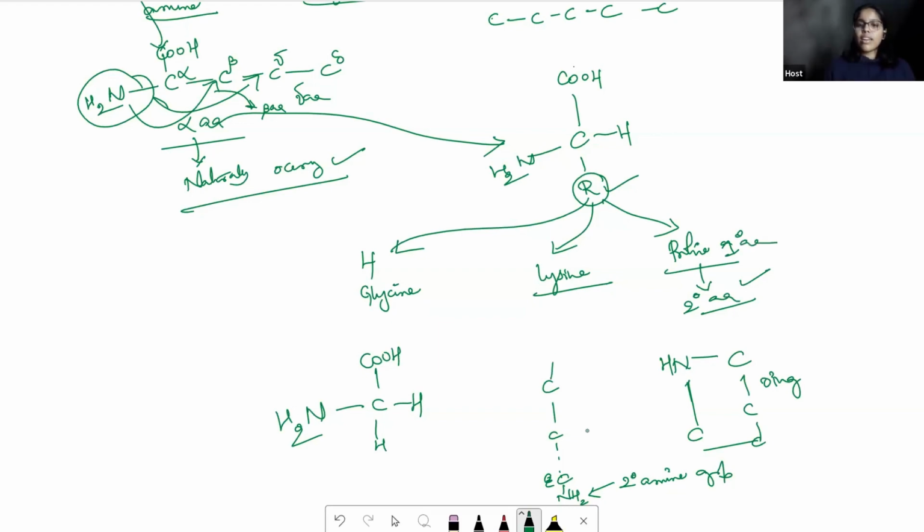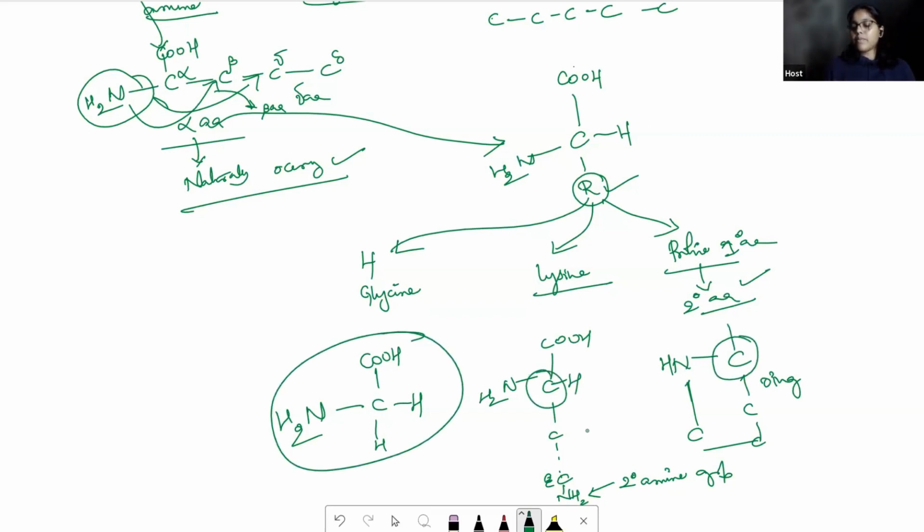So if you look at lysine and proline or any other amino acid for that matter, except glycine, you have the central asymmetric carbon atom. The carbon atom is bonded to 4 different groups. But in glycine, the carbon atom is bonded to 2 same groups.